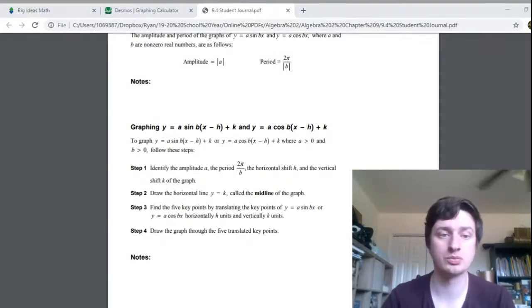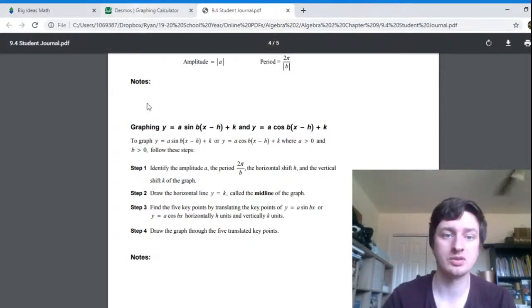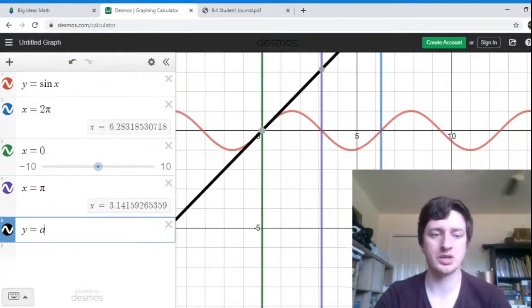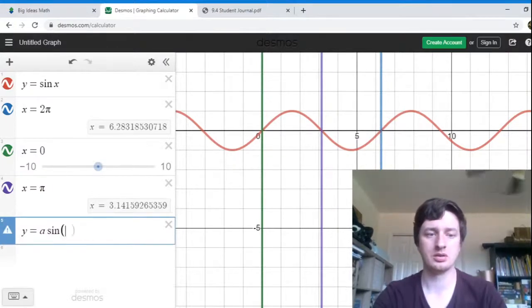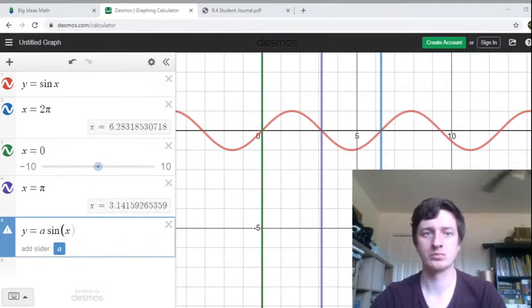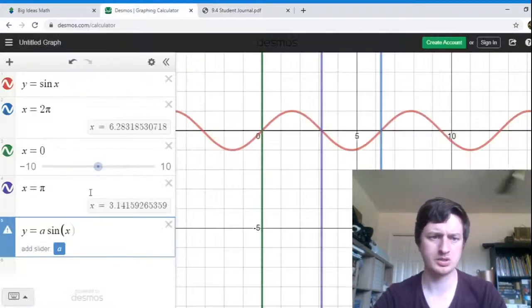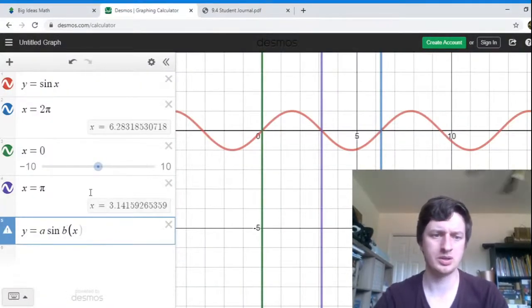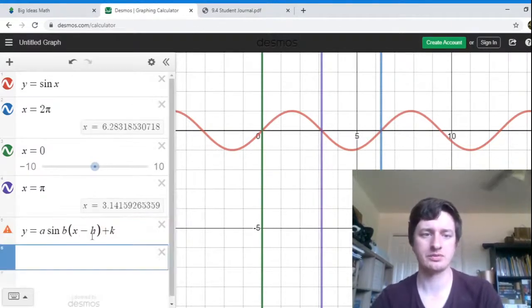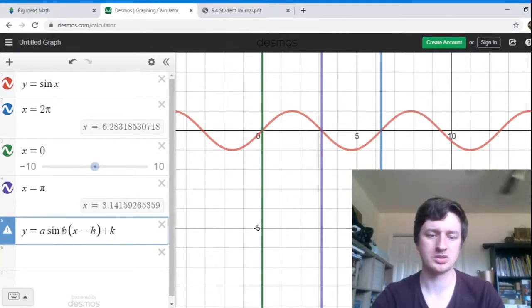A and b here are just multipliers. So we can type this into Desmos, and we get y equals a sine of b times (x minus h) plus k.